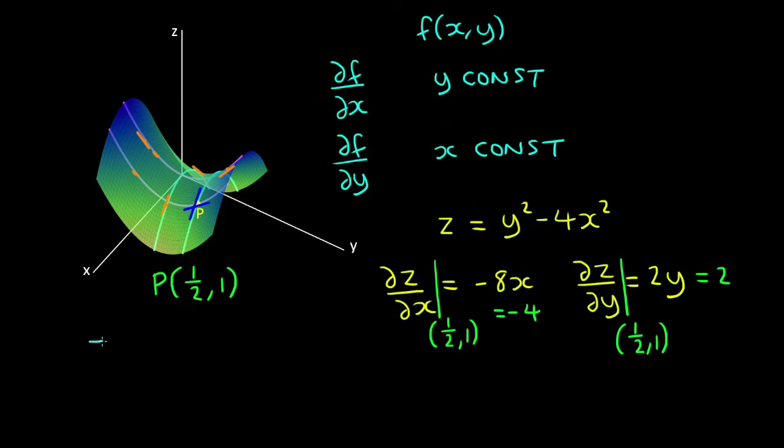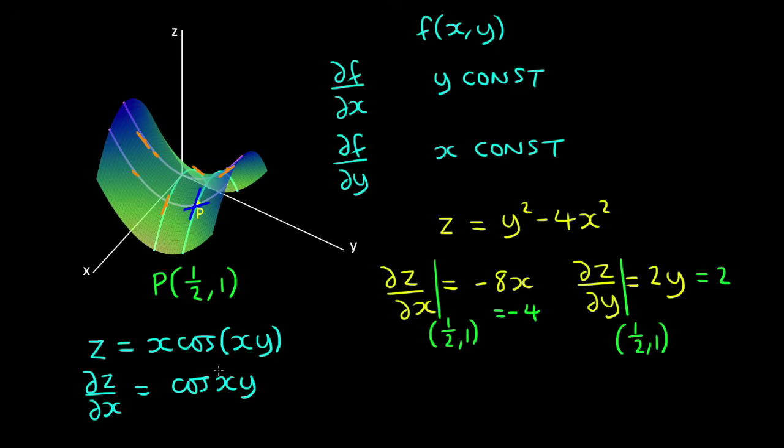Now suppose we want to evaluate the partial derivatives for the function z equals x cosine xy. So taking the partial derivative with respect to x, we hold y constant, and using the product rule, we differentiate the first term, so we get cosine xy, and then differentiate the second term.